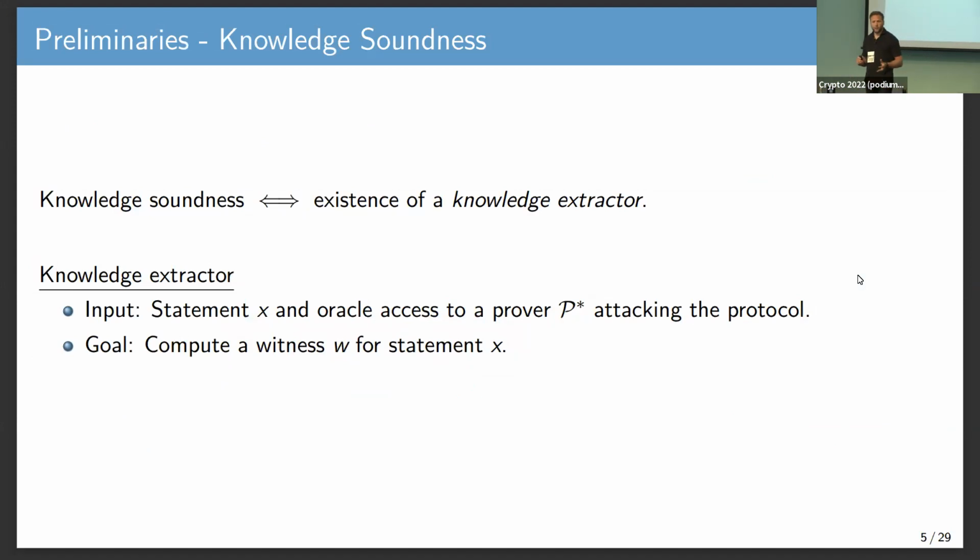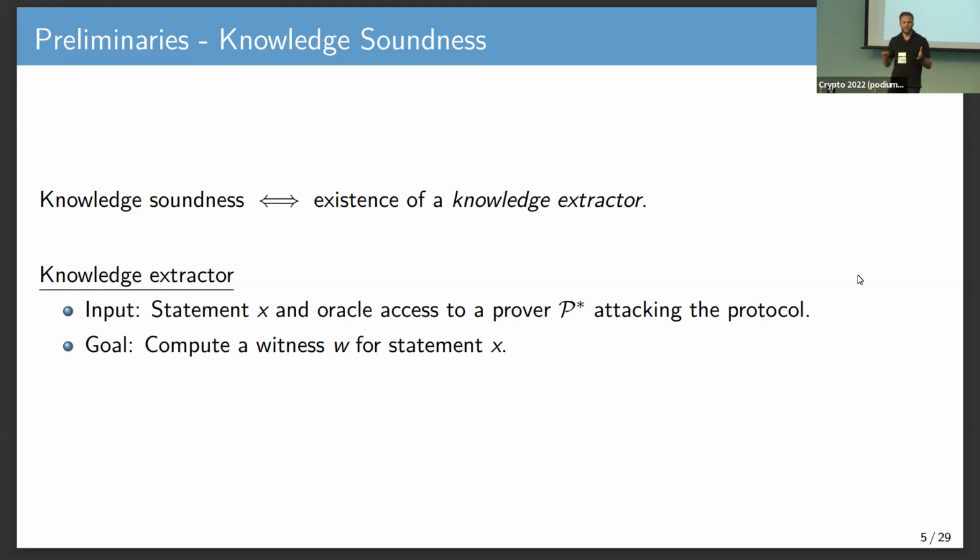More formally, knowledge soundness is defined in terms of a knowledge extractor. A knowledge extractor is an algorithm that is given as input a statement X and black box or oracle access to a prover P star attacking the protocol. The goal of the knowledge extractor is, given this access to the prover, to extract the witness from the prover. And the knowledge extractor should be efficient.